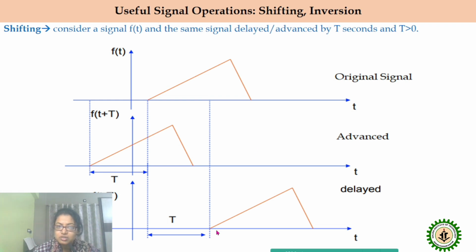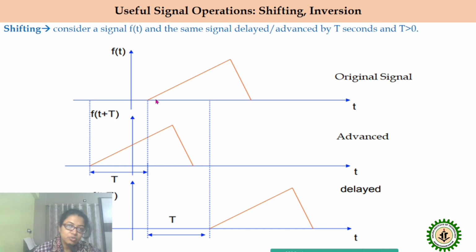We can represent it this way: if this is 10 am on a time scale, this can be 10:30. If you compare the original signal and this signal, this signal is the delayed version of this one, the student came late to the class by 30 minutes. So when I shift a signal to the right side by some amount of time, the signal is called a delayed signal.